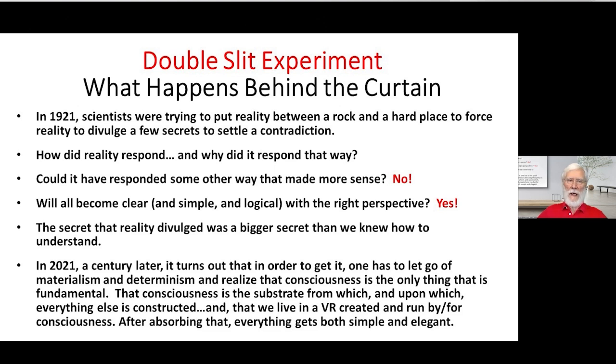Well, what was that contradiction? The contradiction was that for the previous century, physicists knew about light, about how it refracted, how a prism could spread it into various colors. We knew about how light acted as a wave.